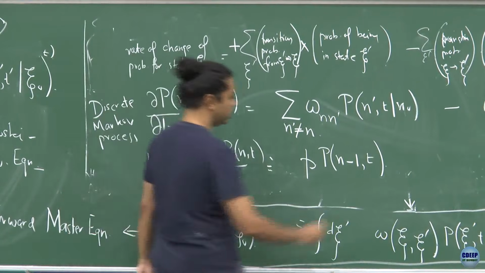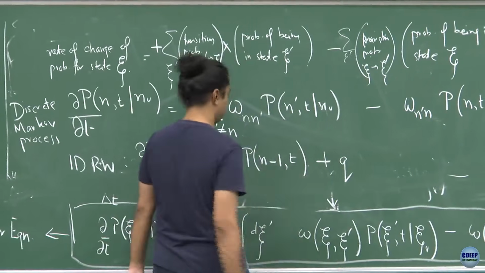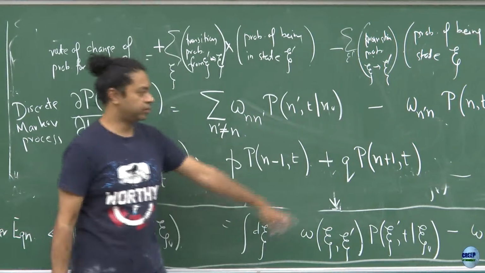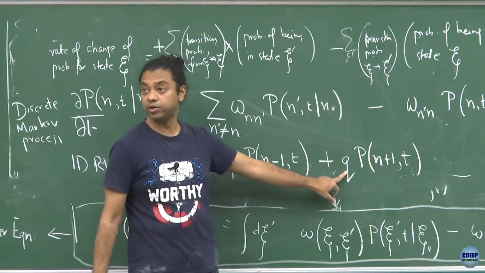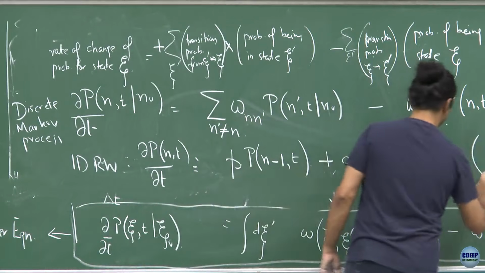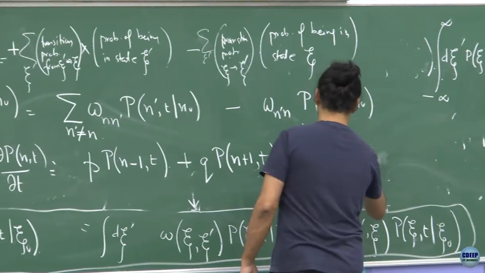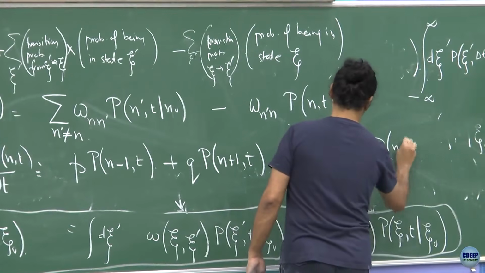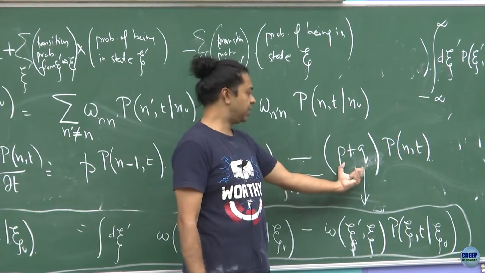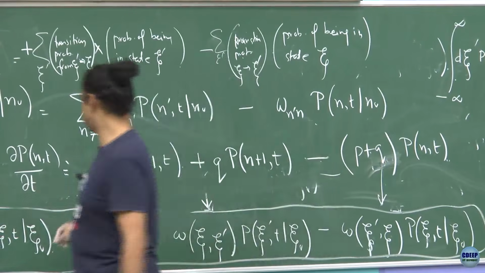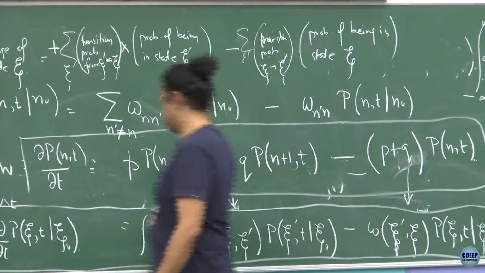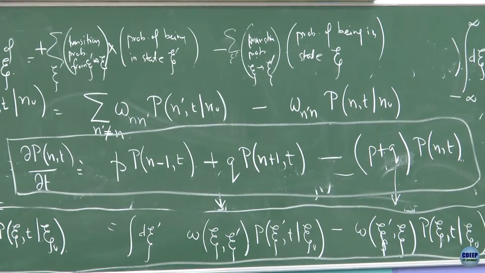So, that would be p times p(n minus 1, t). If you were to the right, you hop left with a probability per unit time q, so q times p(n plus 1, t). These are your gain terms, minus your loss terms, which are just (p plus q) times p(n, t). You were at n, you could have hopped to the left or to the right. Each of these would be a loss, p plus q. So, this would be your master equation for the one dimensional random walk.